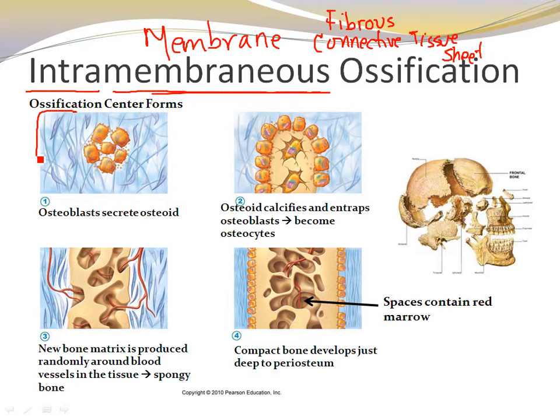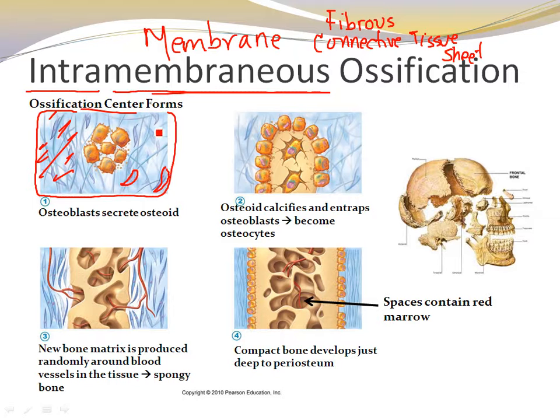So here in this little square from your textbook, all this blue tissue you see here represents that connective tissue sheet or membrane. That's like the early form of the flat bones of the skull. Like you see. Little purple things in there, those are the cells that are located within that type of connective tissue.